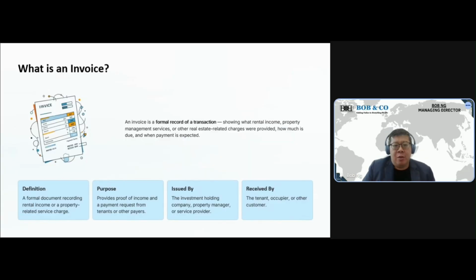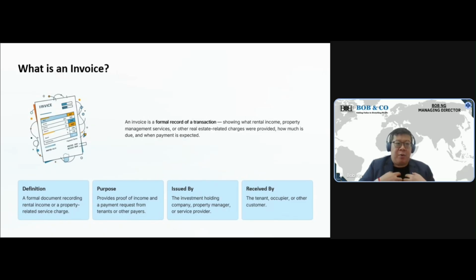Okay? So before I go any further, let me shed a bit of light on what exactly an invoice is. If you are very familiar with accounting or finance terms, then this might not be for you, but please bear with me while I explain to those that are not familiar. An invoice is basically a formal record of transaction.